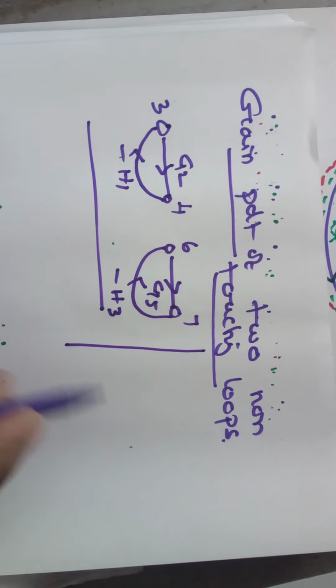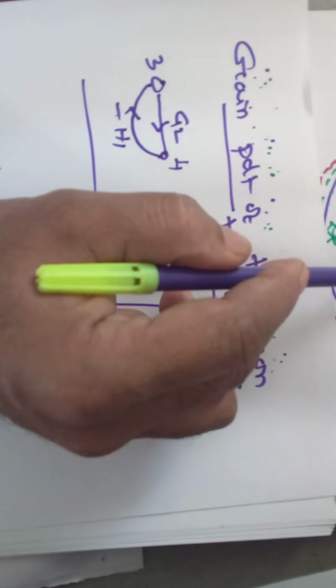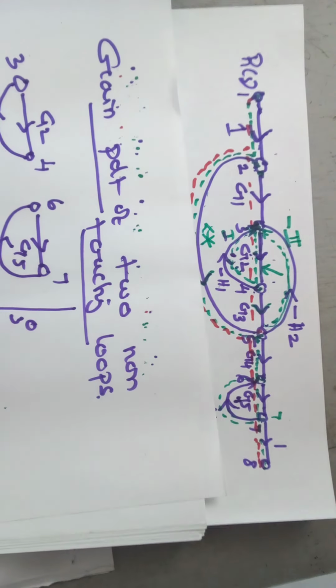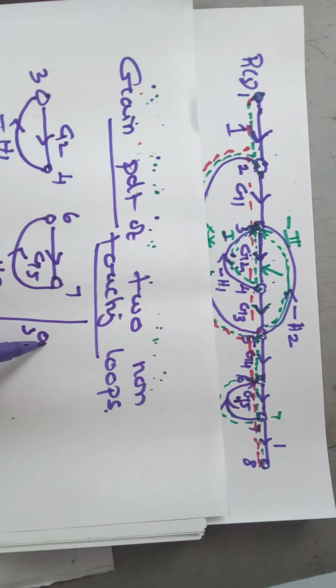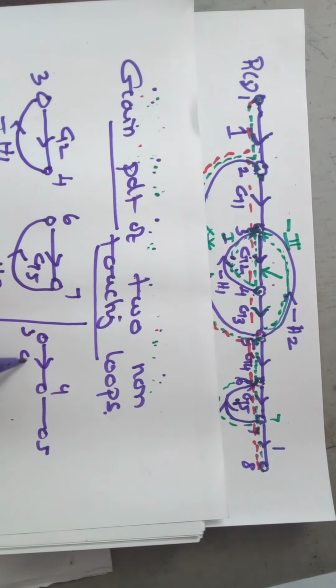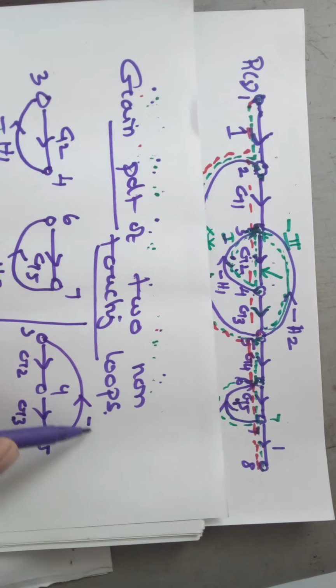Similarly, you have another pair, the second loop and the third loop. What is the second loop? Node number 3, then node number 4, node number 5. This gain is G2 and this gain is G3, and the reverse gain is minus H2.